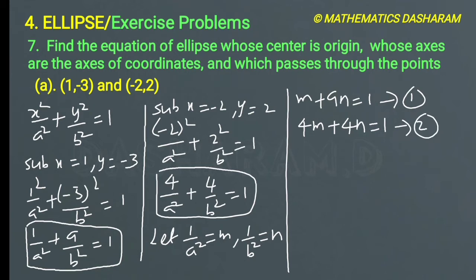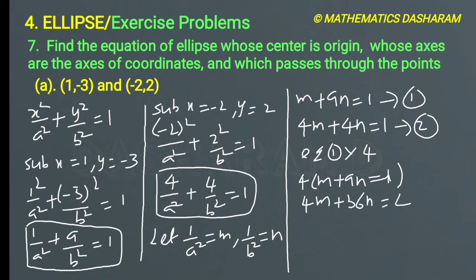Let us use the elimination method. To eliminate the variable m from the two equations, multiply equation 1 by 4. Then 4(m + 9n) = 1 gives 4m + 36n = 4, equation 3. Now equation 3 minus equation 2.